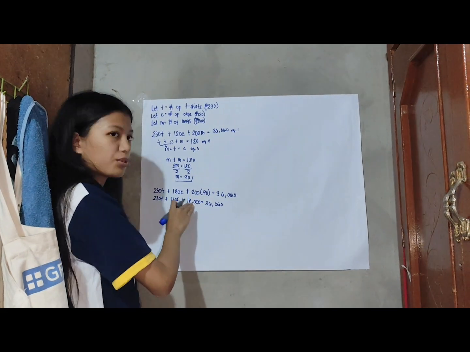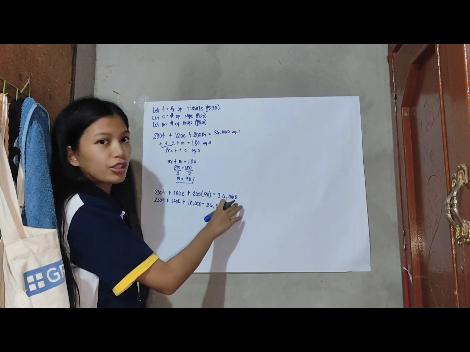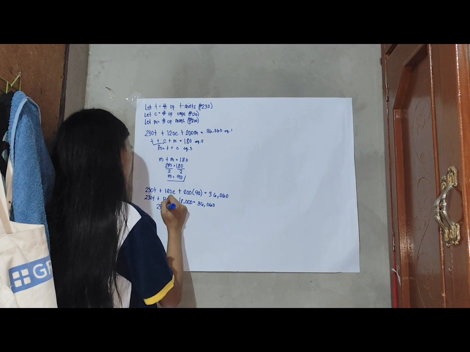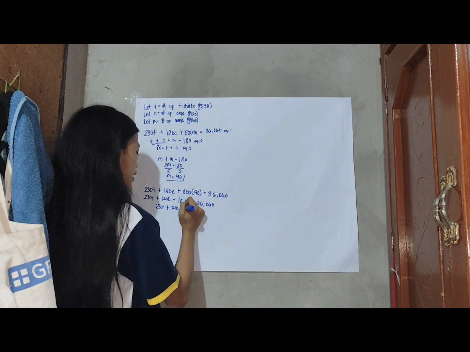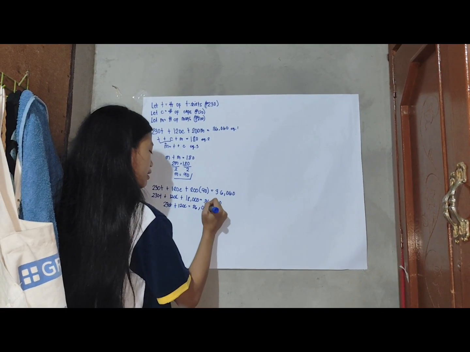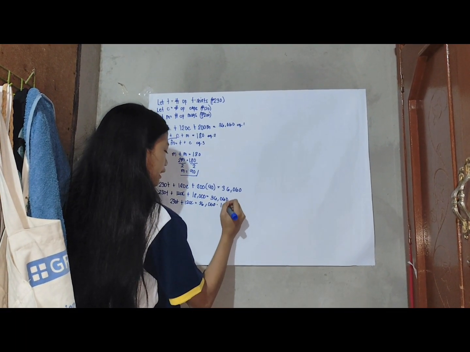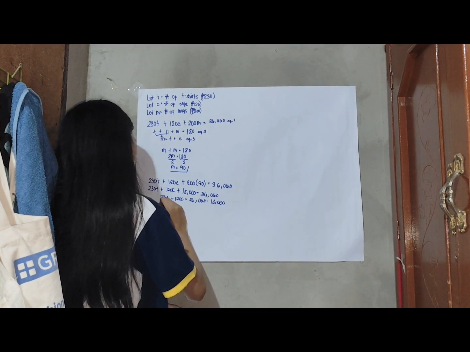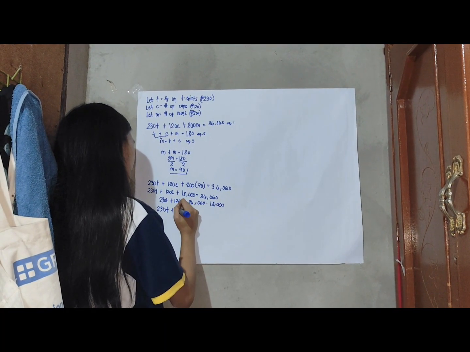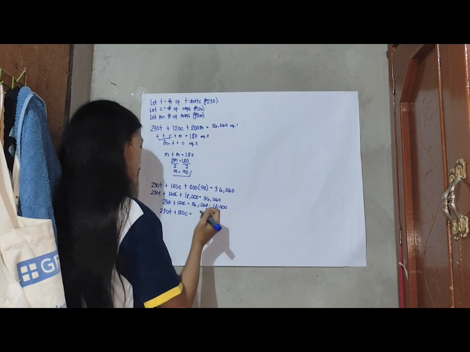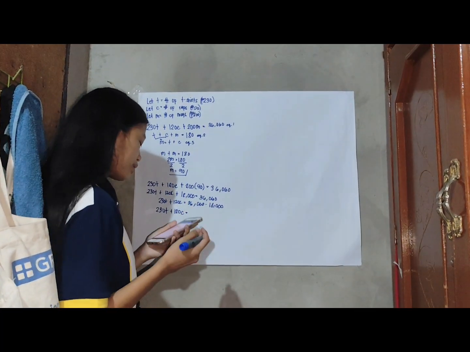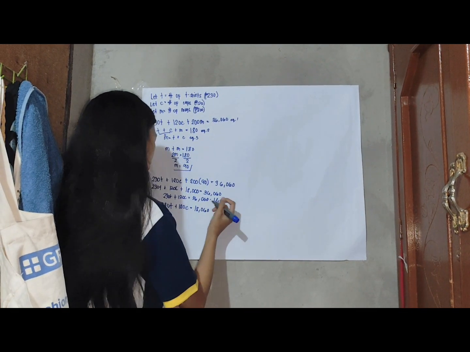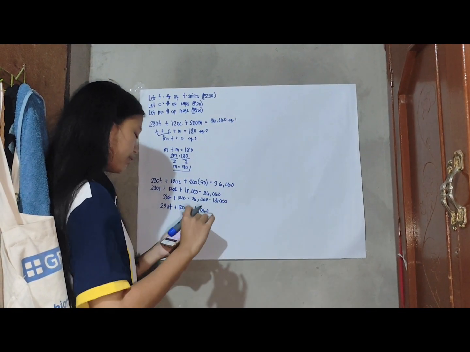So we can just transpose this, and then the operation will change into subtraction. So 230t plus 120c is equal to 36,060 minus 18,000, which is equal to 18,060. So this is our equation for now.